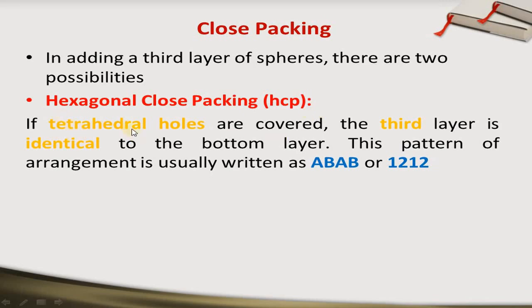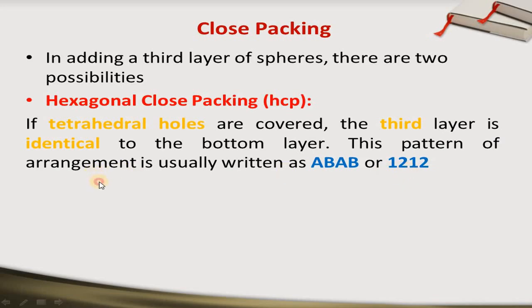If the tetrahedral holes, which are created by the placement of layer B on layer A, are covered, then the third layer is identical to the bottom layer. This pattern is written as AB type of packing or 1-2-1-2 type of packing.